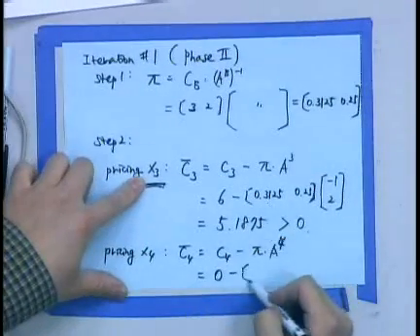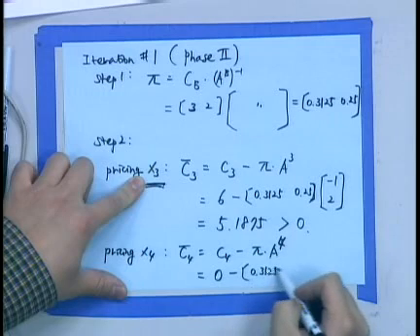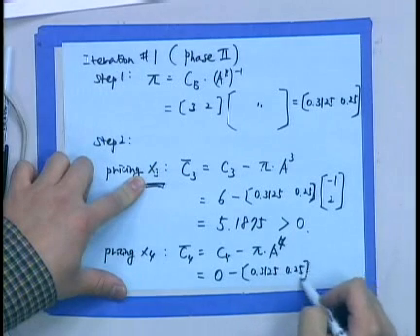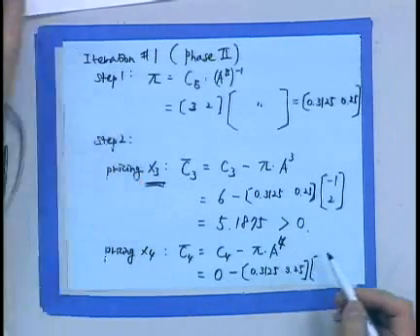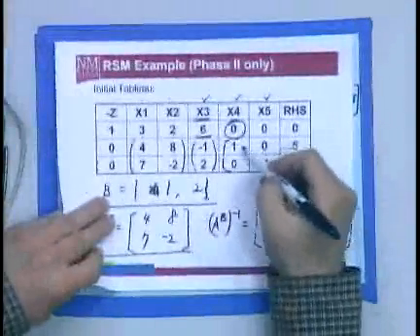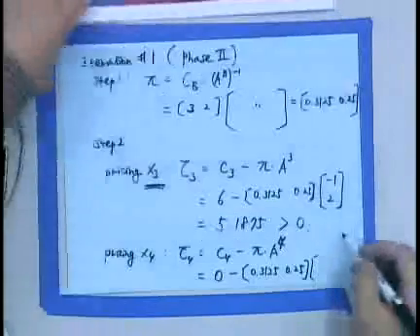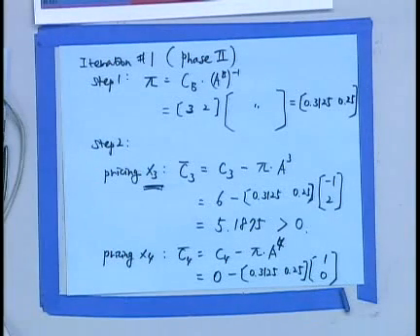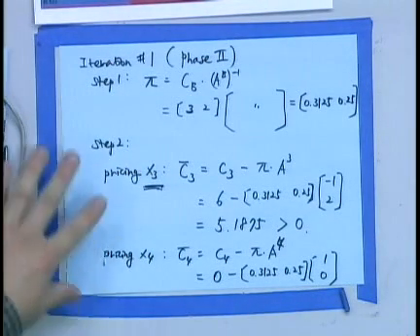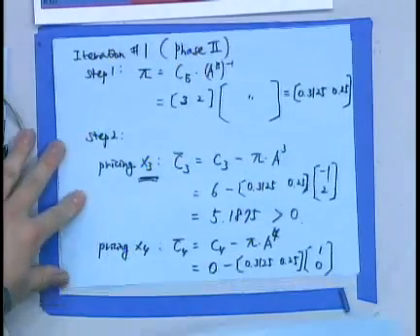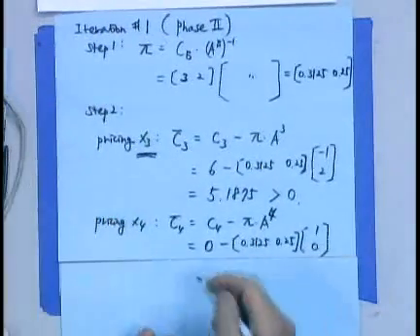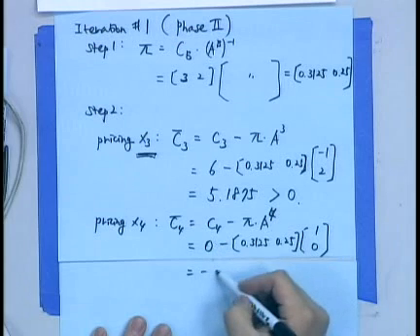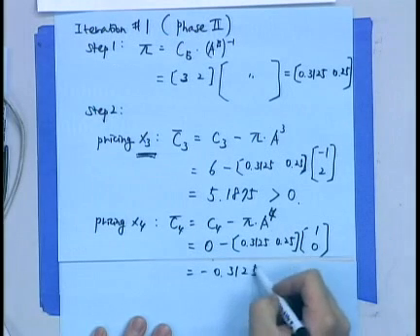Minus pi, 0.3125, 0.25. What is A4? That is 1, 0. And this value is negative 0.3125. Okay?